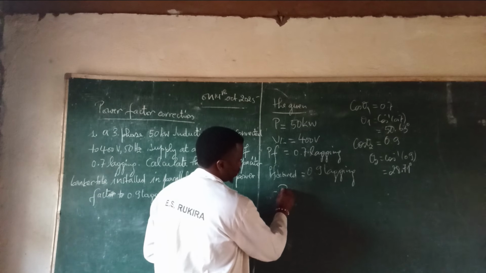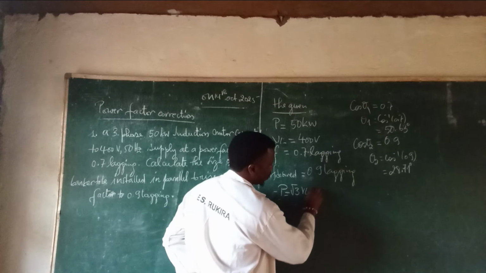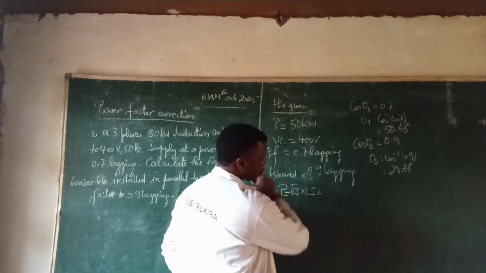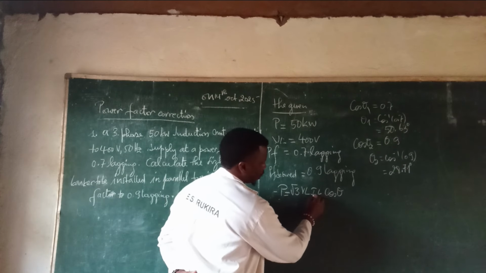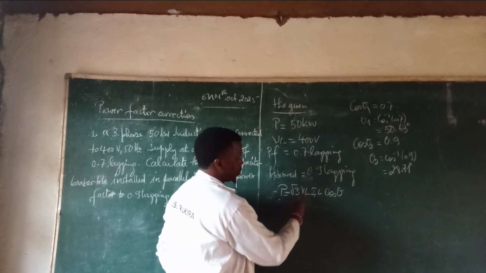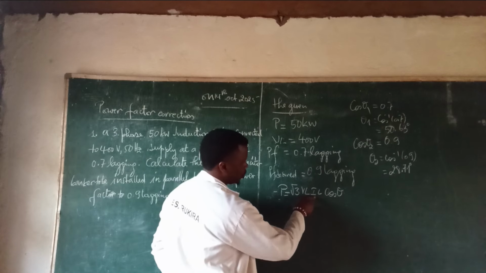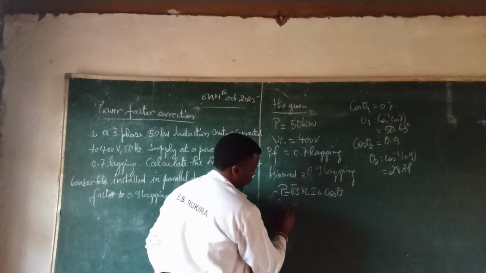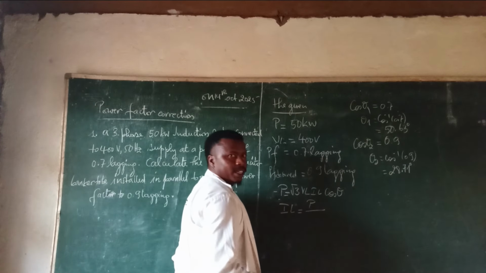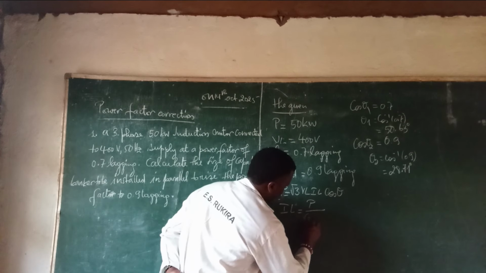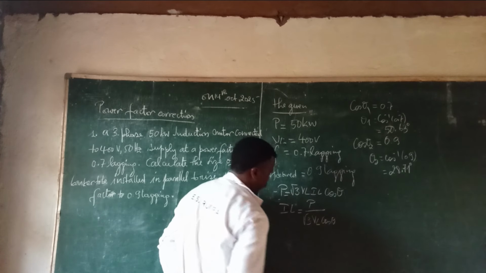Remember the power will be equal to root 3 V_L I_L cosine theta, where I_L is the line current, V_L the line voltage, and cosine theta the power factor. The line current will be the power divided by root 3 V_L cosine theta.